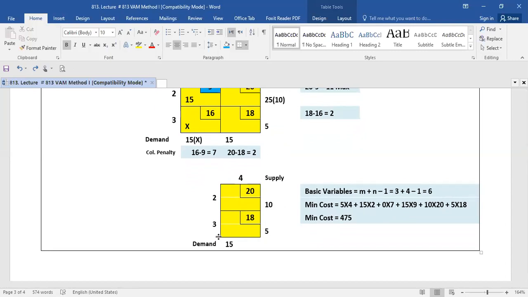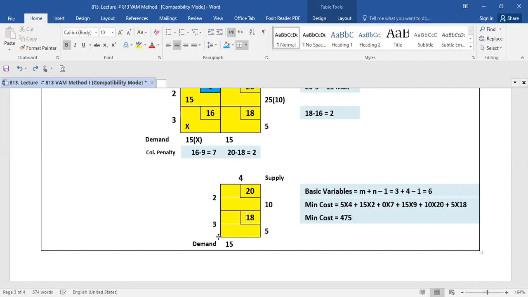No penalties are required. You will just fill these two cells by inspection. So in this method, when you are remaining with a single column or single row, you will make no more penalties, as I have shown you in this table.